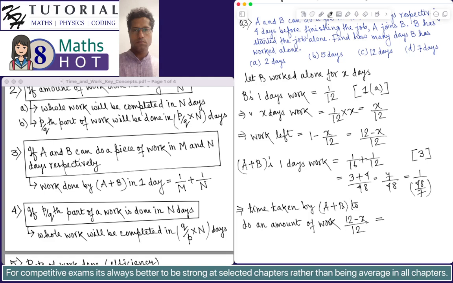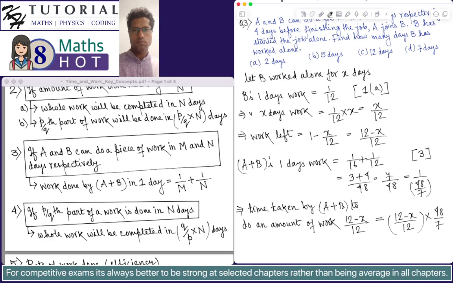So what will be the time taken by A plus B to do an amount of work which is 12 minus x by 12? This will be 12 minus x by 12 multiplied by 48 by 7.